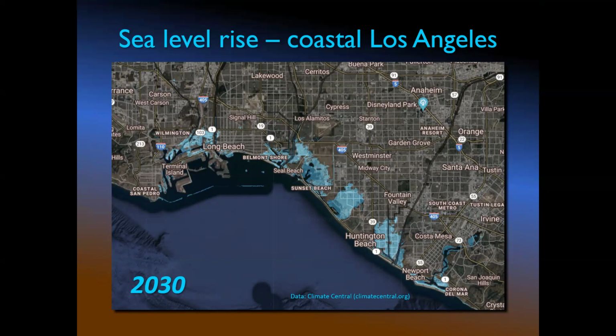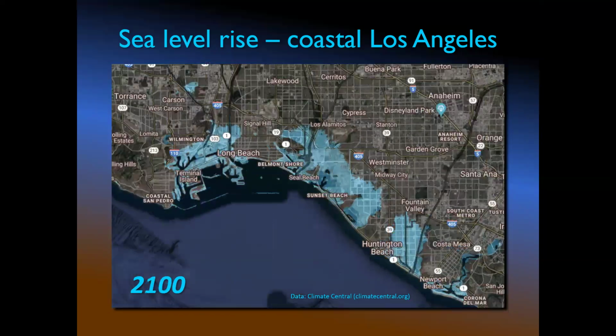This doesn't mean these areas will be permanently underwater, but it does mean that as sea levels rise, they will increasingly be impacted ever further inland. This is an estimate from Climate Central, what the situation might be by the year 2030. And then here's what it might be in the year 2100. And when you think about all the people living in these areas, you can see that this would be a dramatic impact on our way of living, on the people that we know, family members, people that we're friends with, who live in these areas and are going to be impacted over time by these changes.